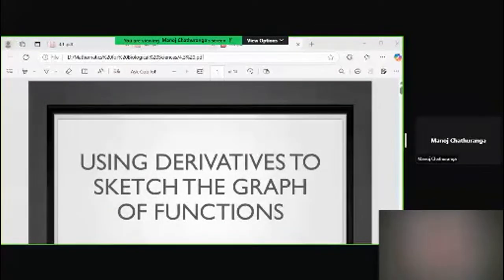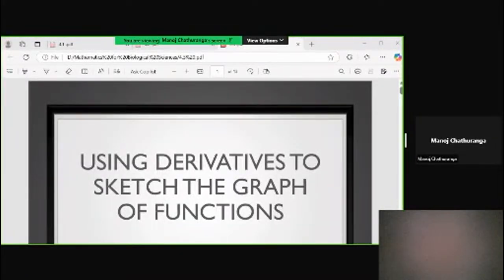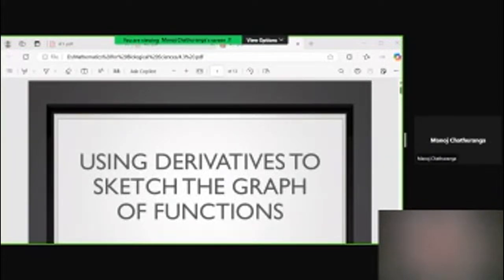Maybe after the next class, I will start our last chapter, the fifth chapter. It is not about derivatives. It is a little bit different topic.